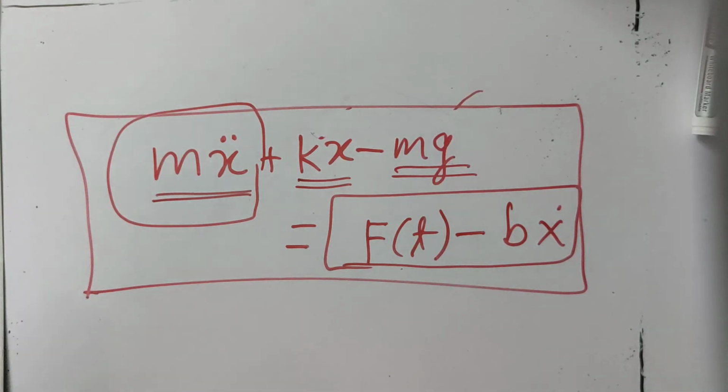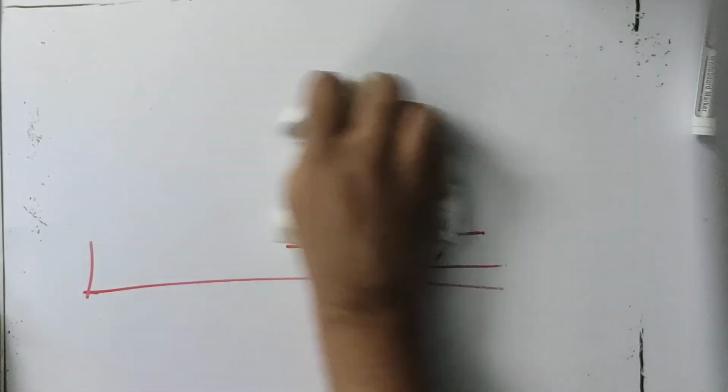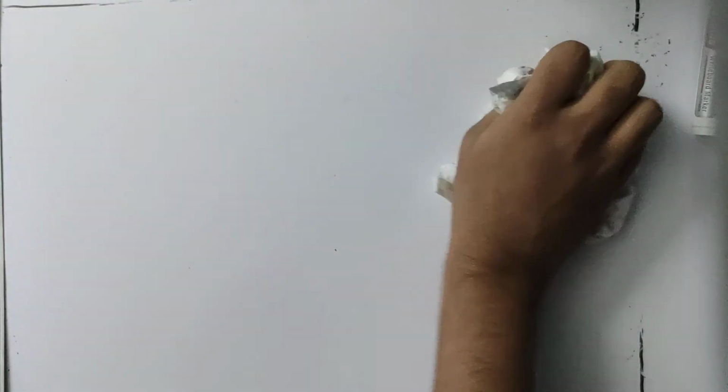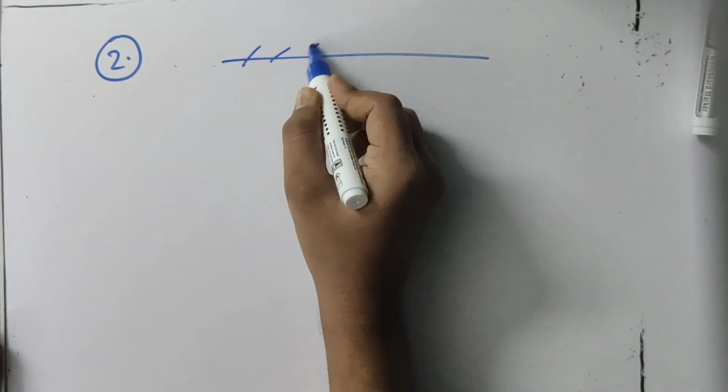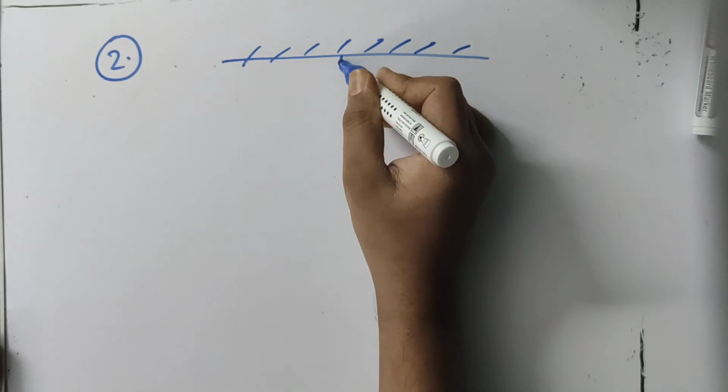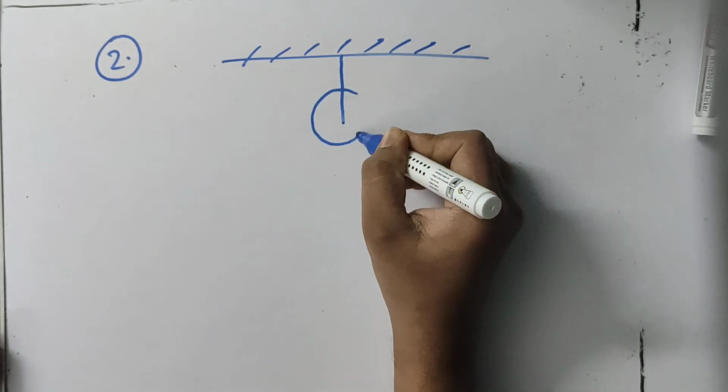Now we move on to our second problem, which will be simply an Atwood machine, one pulley and two masses. So this is the second problem, the Atwood machine problem. So you basically have a fixed ceiling, one pulley like this.